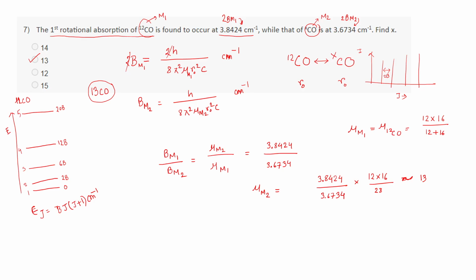So for 13CO, what should B be? Yes, B will be less for 13. Very good. Then what will happen to the energies?